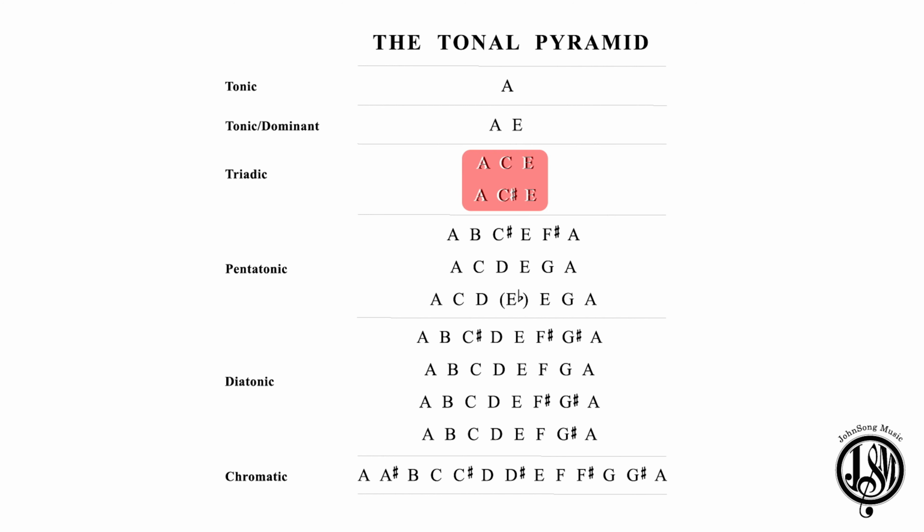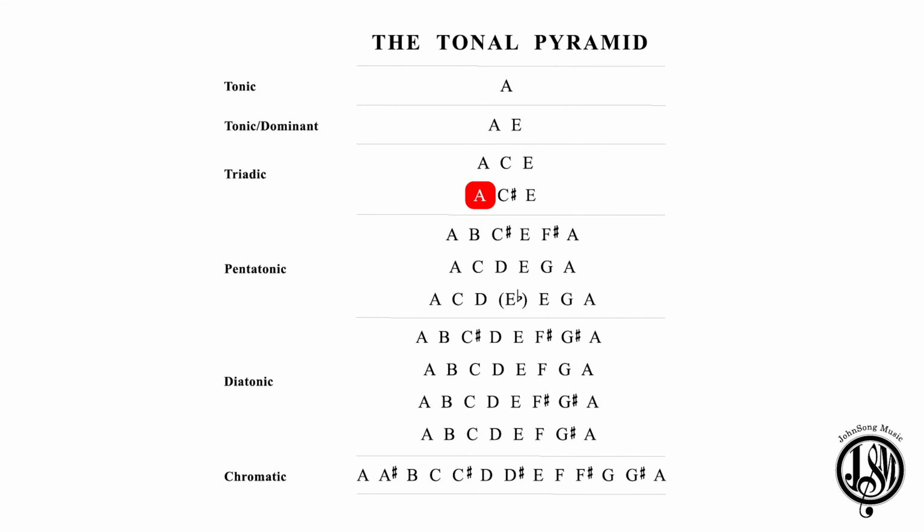The next level are the triads, and triads come in two flavors, major and minor. And I listed the minor triad first, which is A, C, E, and then the major triad, A, C sharp, E. Major and minor are interchangeable. By that, I mean that one is not more powerful or important than the other.